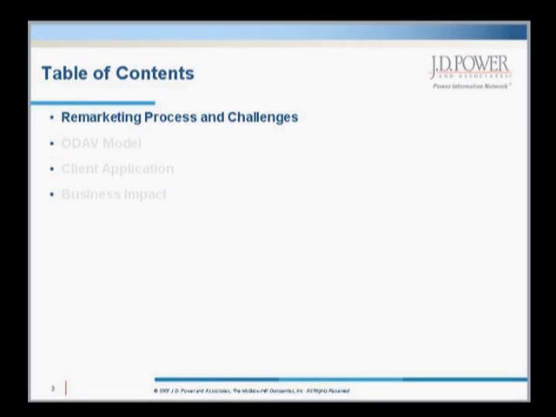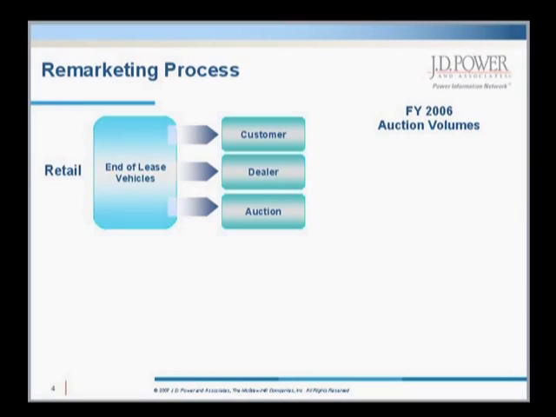So let's get started with some of the remarketing process challenges and risks. So where do all these vehicles come from in the first place? Well, the biggest part comes from the retail market. 13 million vehicles were sold new retail in the United States last year, about 20% as lease vehicles. And when those vehicles come back, you as a customer have the first choice to buy the vehicle. If you don't want the vehicle, the dealer gets a chance to purchase the vehicle.